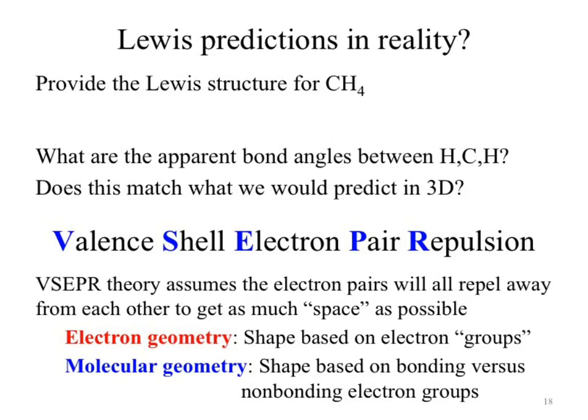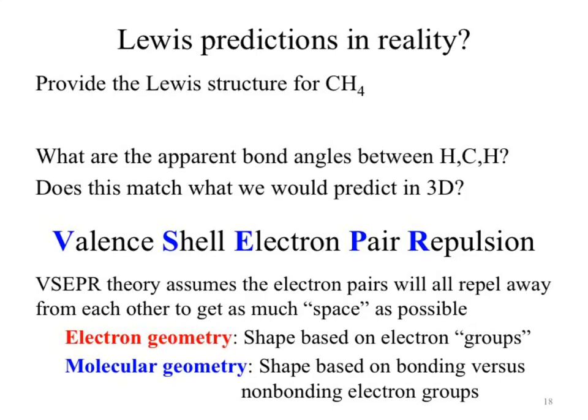Okay? So when we go through and look at individual systems, we're going to end up with two possible geometries that come out of this. Something known as the electron geometry. That shape is going to be determined based on the groups of electrons around an individual atom. For you guys, it's going to be around our center atom. We'll always focus on the center atom. We don't care about any of the others.